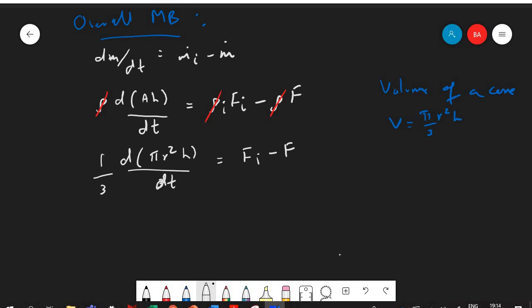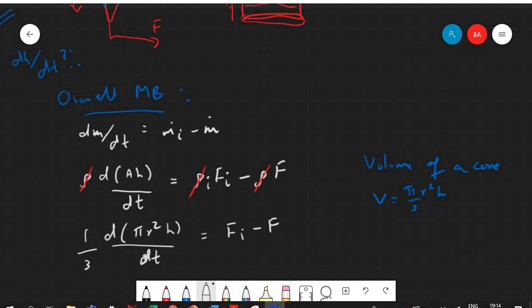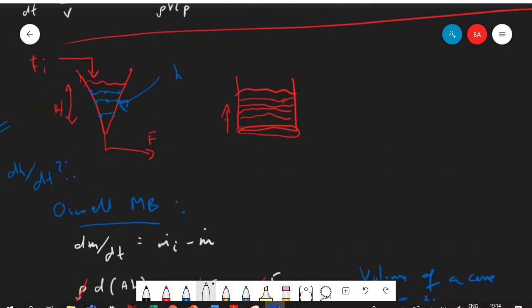And we can do this simply by considering that we have two similar triangles. You have the big triangle and the small triangle.